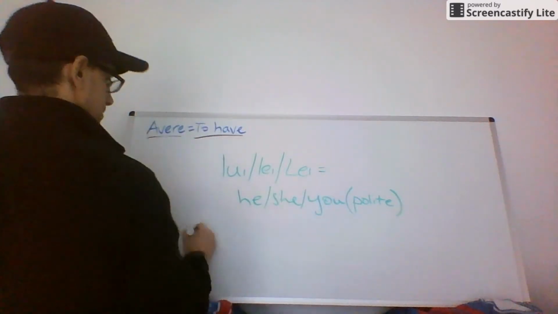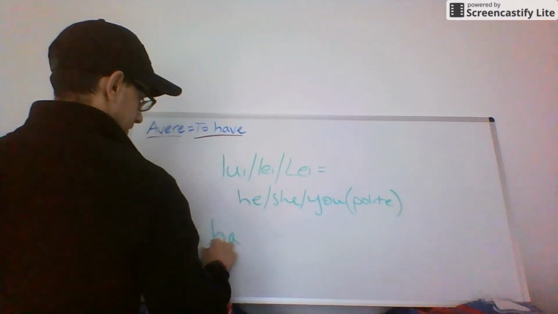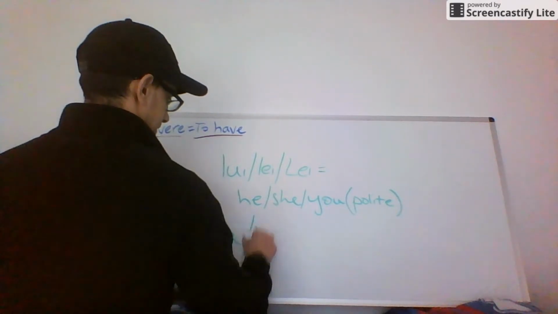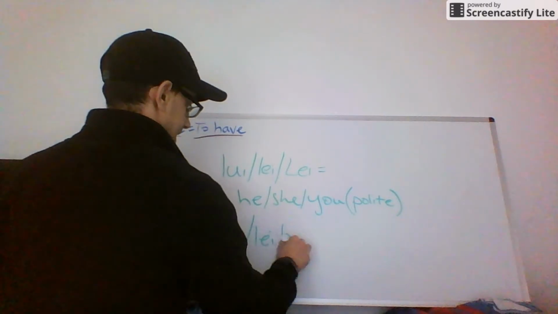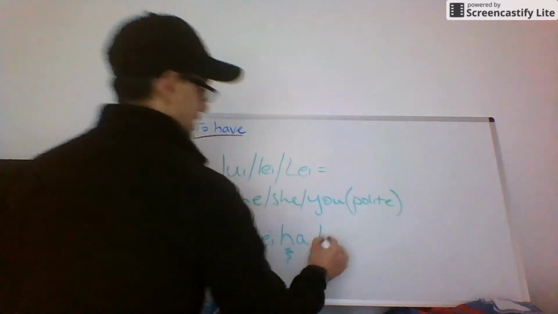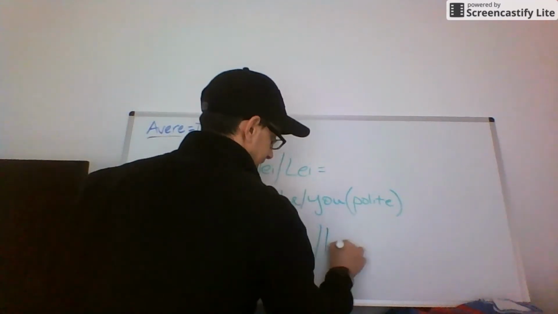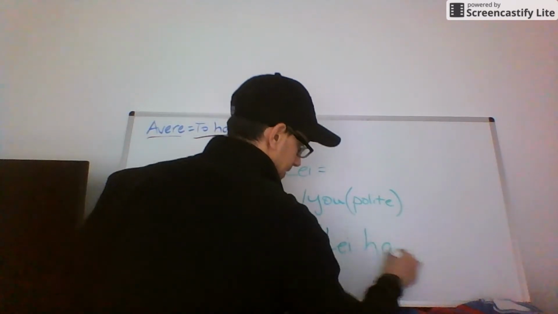So it will be lui ha. Again, that H is silent. Lei ha. Again, H silent. And if you wanted to say you, polite, as if you don't know the person, lei ha.